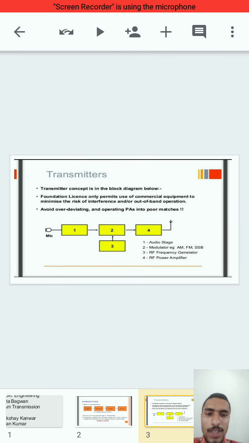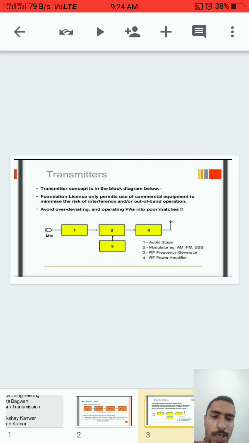Transmitter concept in the block diagram below. Foundation license only permits use of commercial equipment to minimize the risk of interference and out of band operation, avoid over deviating and operating past into four matches. Block diagram: audio stage, modulator (AM, FM, SSB), RF frequency generation, RF power amplifier.